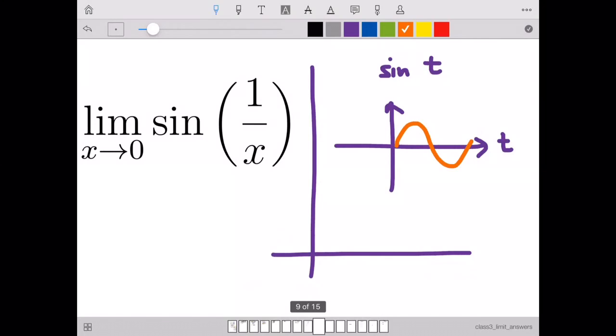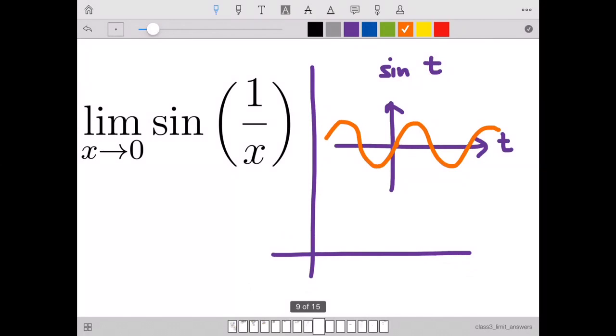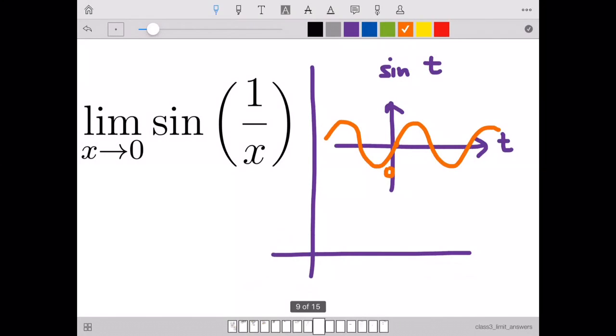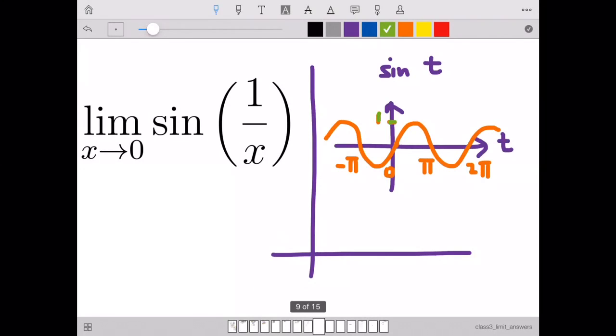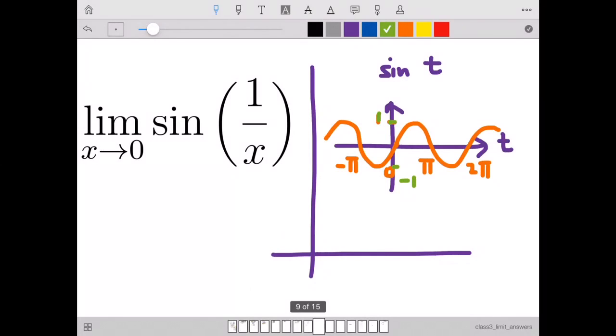It is like this, where this is 0, this is pi, and that is 2 pi, minus pi, with maximum 1, minimum minus 1, right?